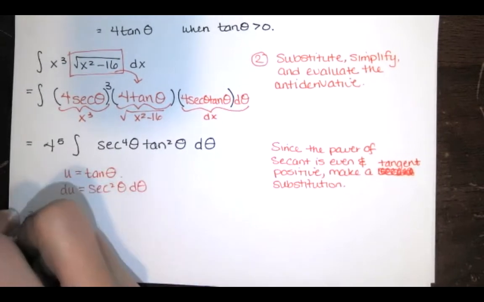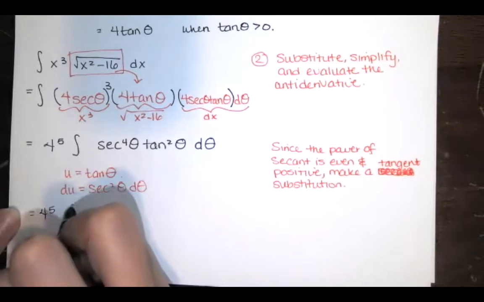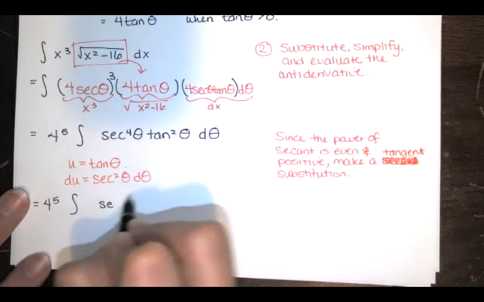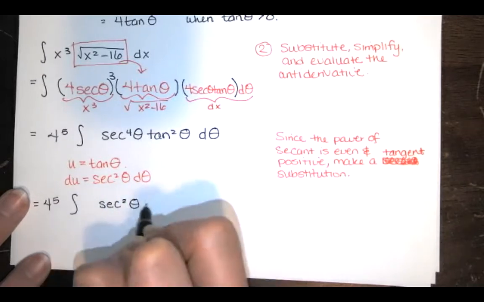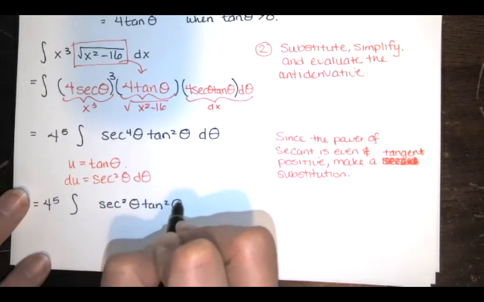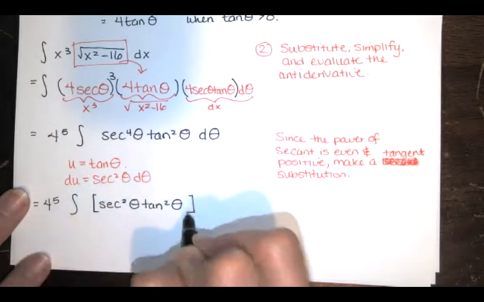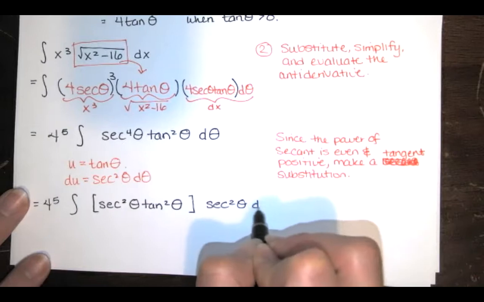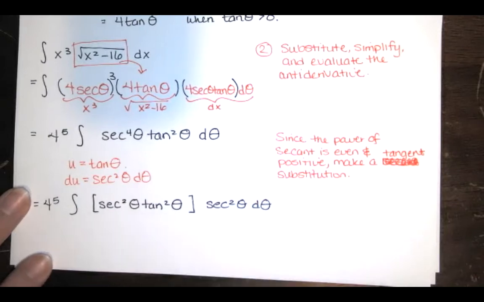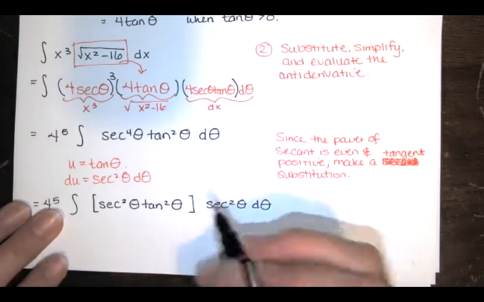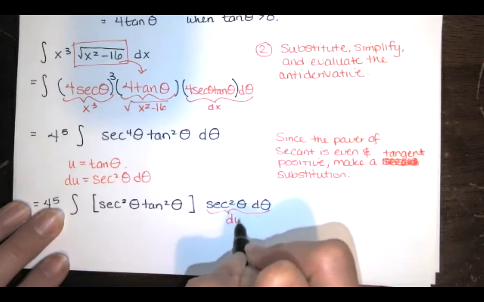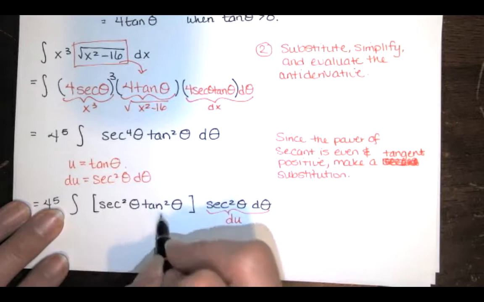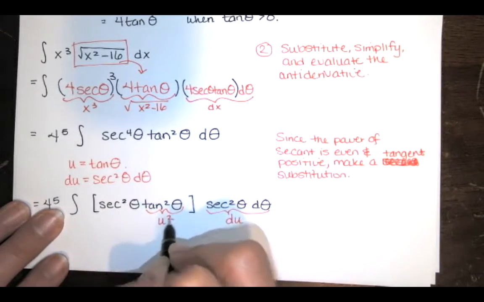So let's do that. I've got 4 secants multiplying each other here. If I take out 2 of them, I'm left with 2 of them. So I've got secant squared, tangent squared here. And then I have the secant squared of theta d theta on the outside. That's for my du. And then tangent squared theta, if u is equal to tangent, this is just a u squared.